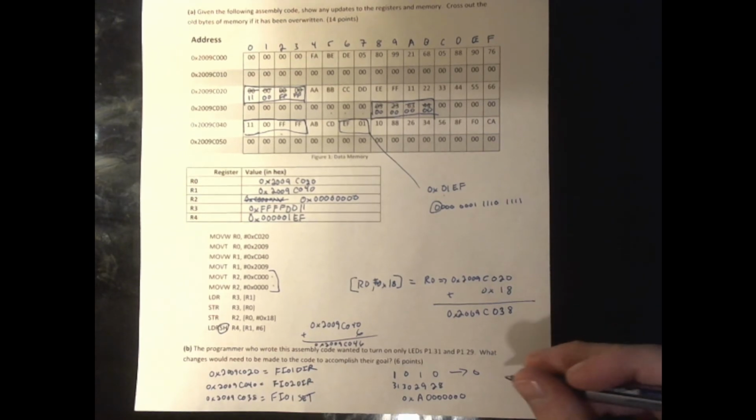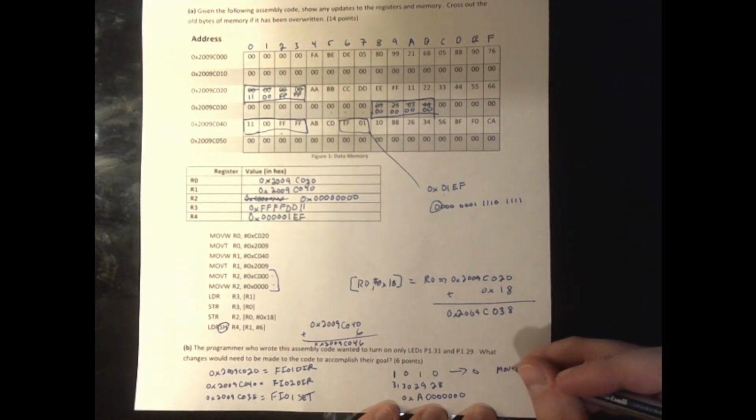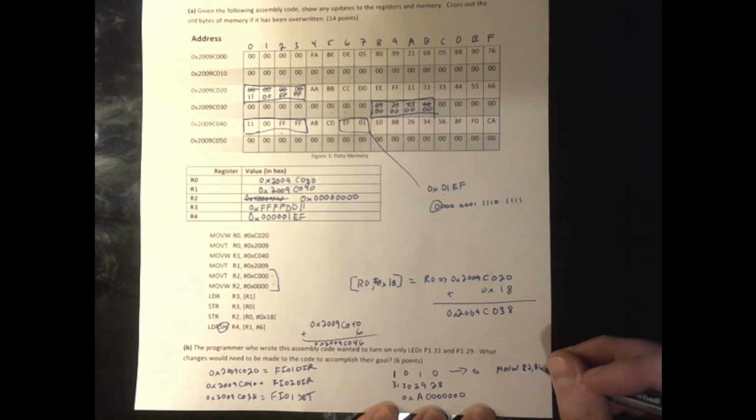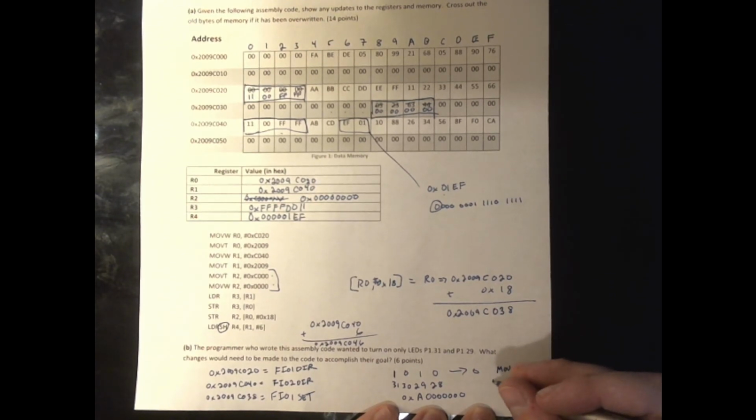And that means that we need to have a MOVW of R2, 0, and then a MOVT into R0 of 0xA000. And that should be it. So all we really need to do is make sure that we put that value into R2.